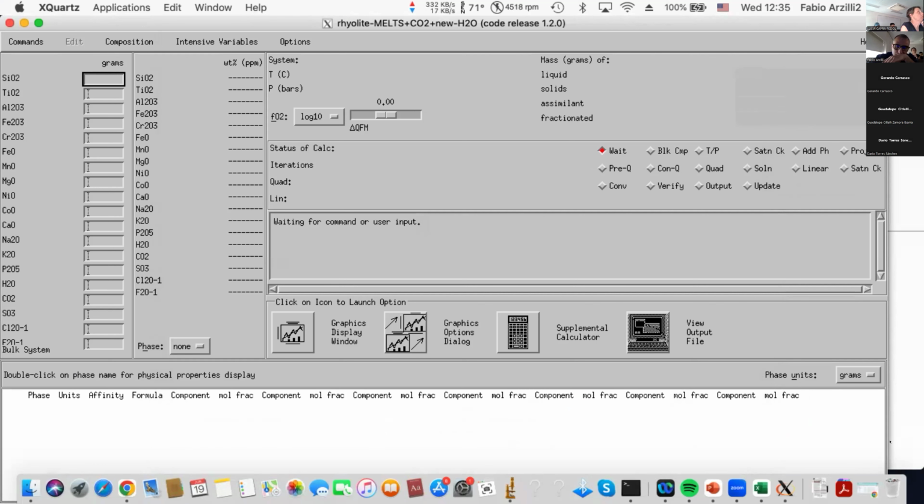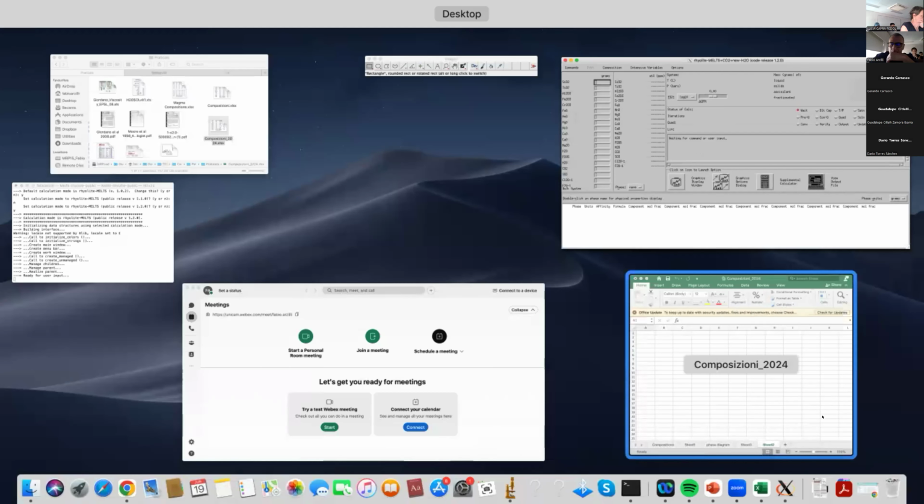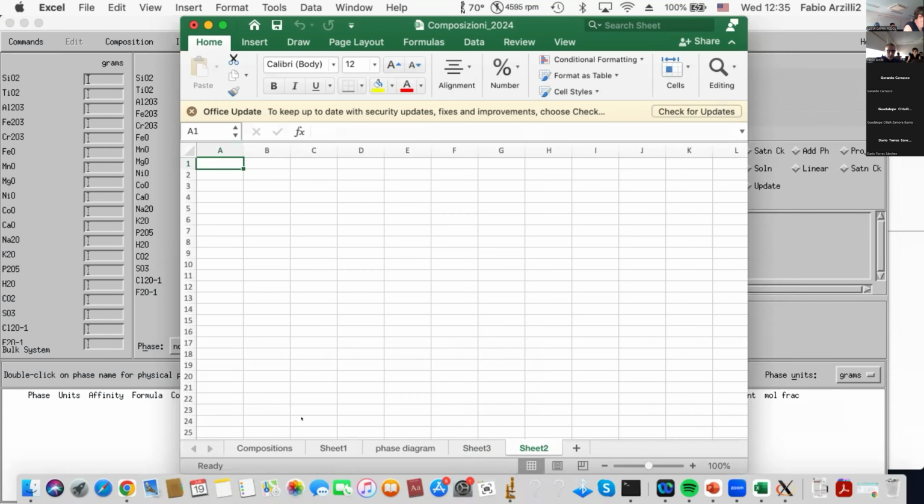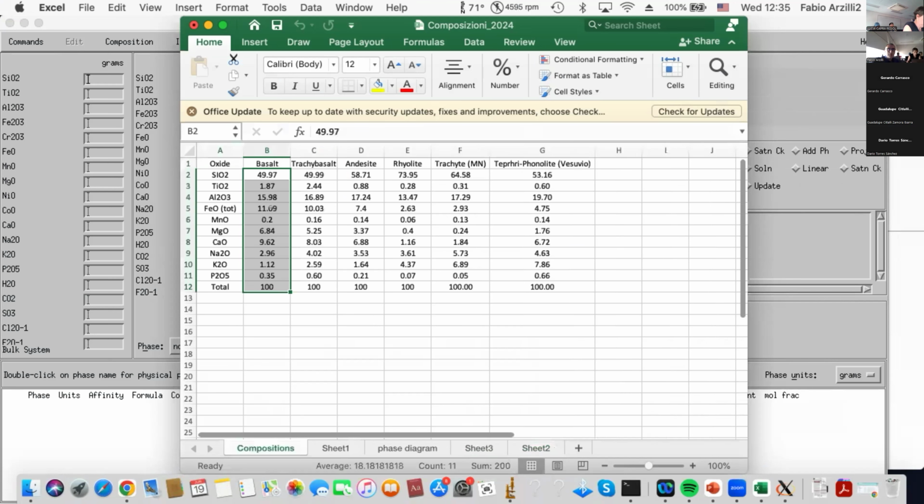What we can do is we can run one simulation with the same basalt that we used yesterday. So with this, we can run one simulation considering equilibrium crystallization, so what we have done so far.